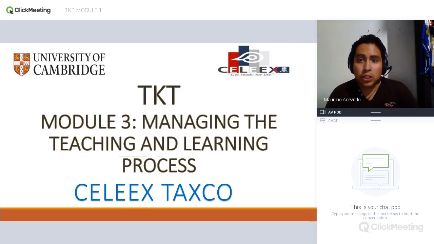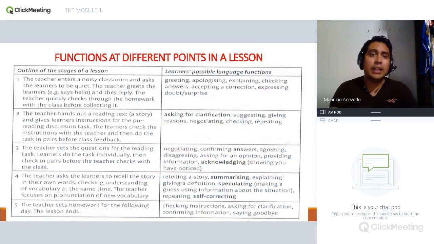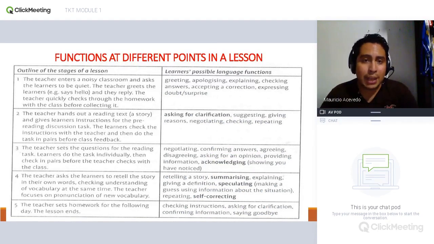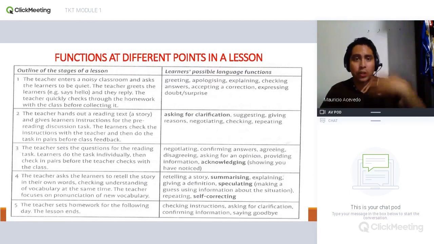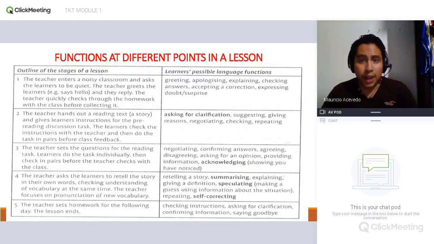We were talking about the different functions that students can do. For example, greetings at the beginning: when you say hello and they answer, or the other way around, they are greeting. Apologizing: imagine that they do something bad and they say, "Oh, teacher, I'm so sorry."